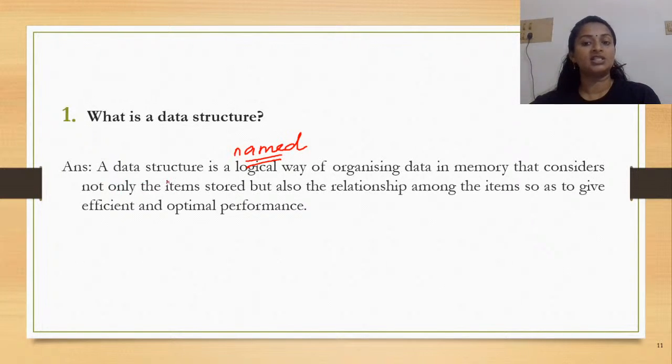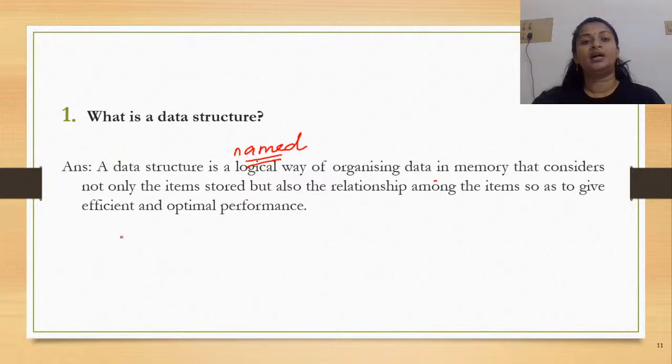Now, where is the data stored? The data is stored in memory. This data structure is not only considering the different individual elements or data items stored, but definitely there is also a relationship among the data items. We had already seen the different classifications of data structure. What was the classification?